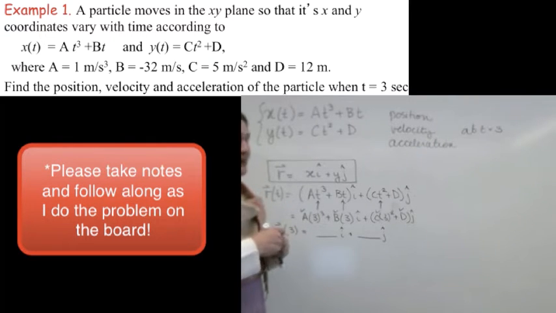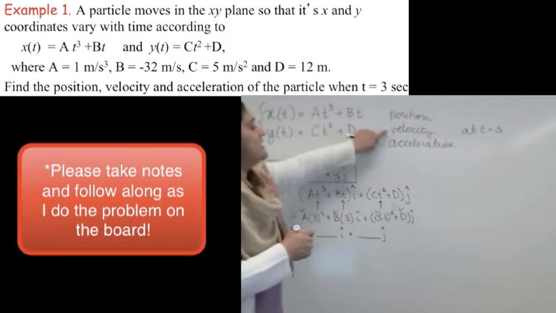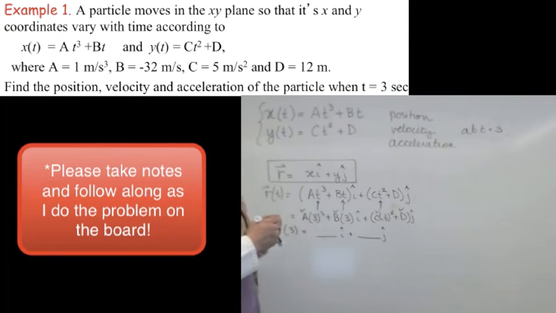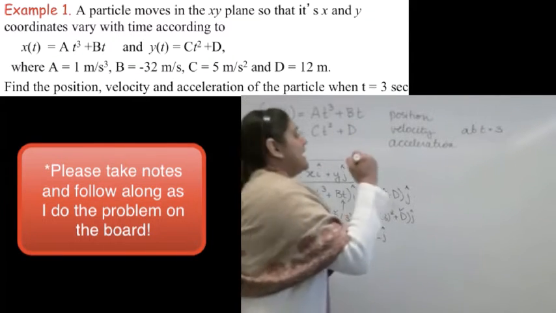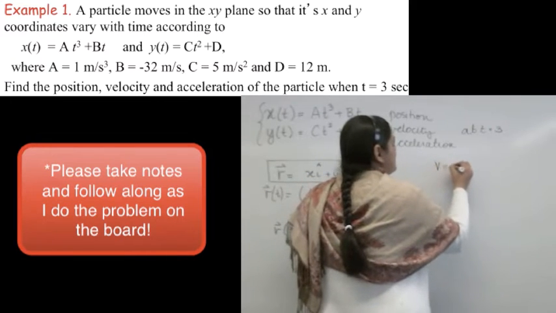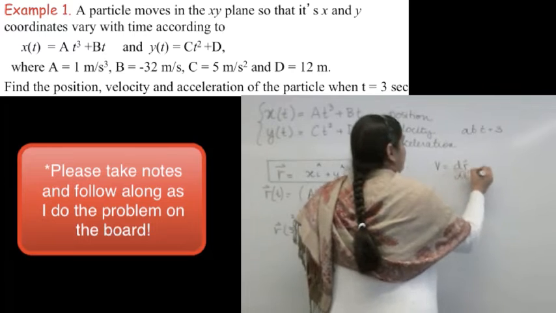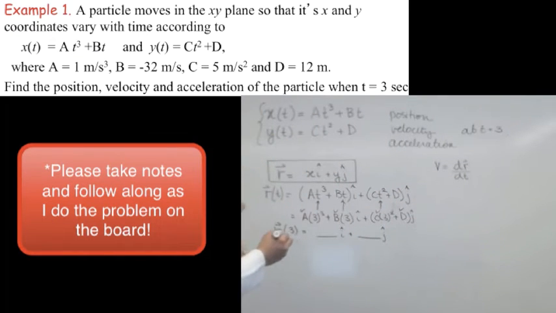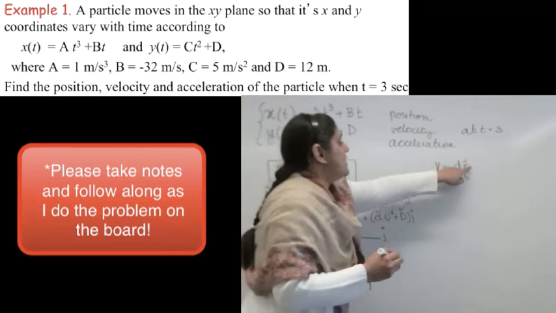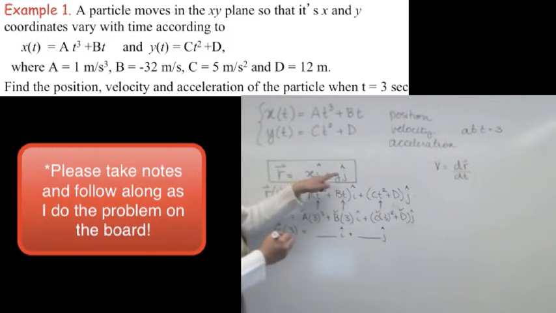Now comes my next problem. Now I have to find velocity, velocity as a function of time. So what do I know? I know velocity is written as dr over dt, and since r is xi plus yj, I need the derivative of x and y.